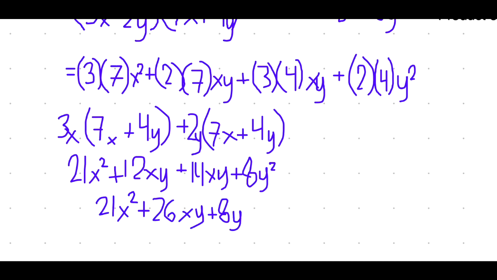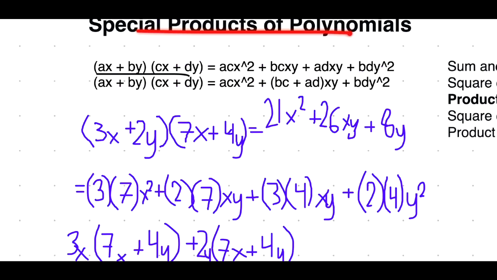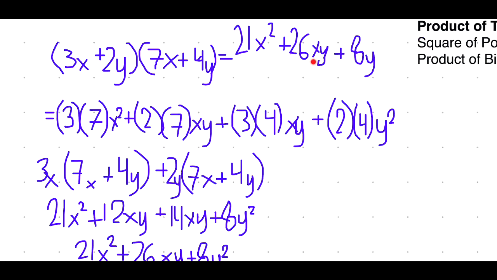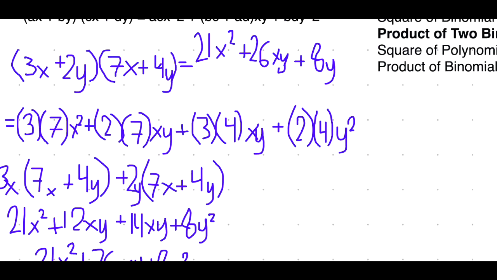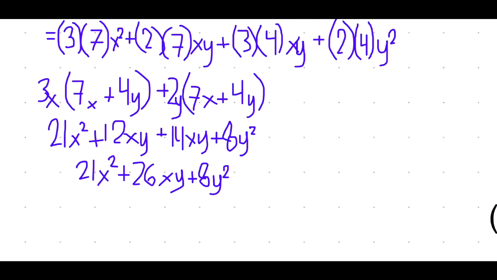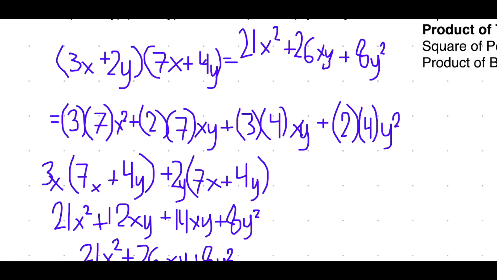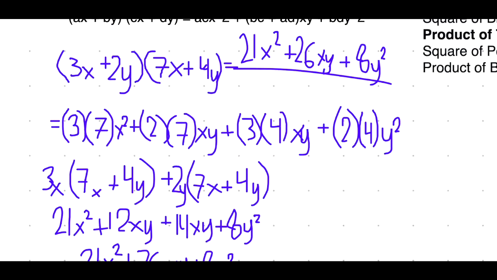Okay, so notice how by following the special product of polynomials, we were able to get this correct answer a lot faster. So 21x squared plus 26xy plus 8y squared. That's the same as this. There we go. Okay, so that is the product of two binomials.